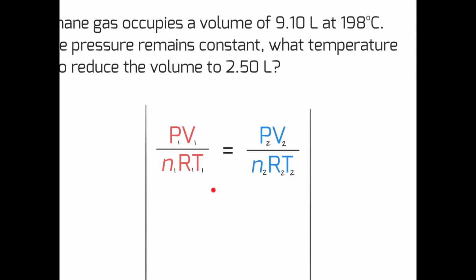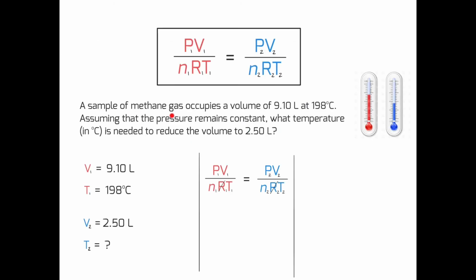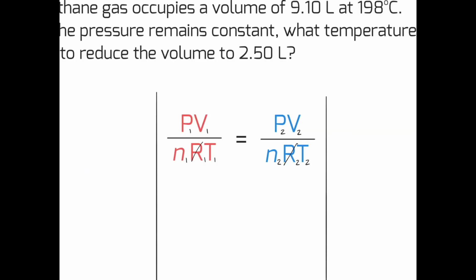In this equation, R is always a constant, so R can always be canceled from one side to the next. So we cancel R. The problem talks about a sample of methane gas, but nowhere in here does it say anything about adding more gas or taking gas away, which means that n remains constant also. And since n remains constant, we can cancel it on both sides.